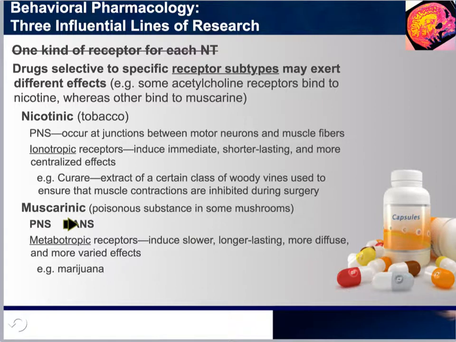With marijuana, we could see that individuals would have diffuse and varied effects, where some individuals may feel relaxed, some individuals actually feel quite anxious. There are some individuals who hallucinate, there are some individuals that do not. And the effects are felt in a more generalized form with varied effects, including appetite and relaxation.